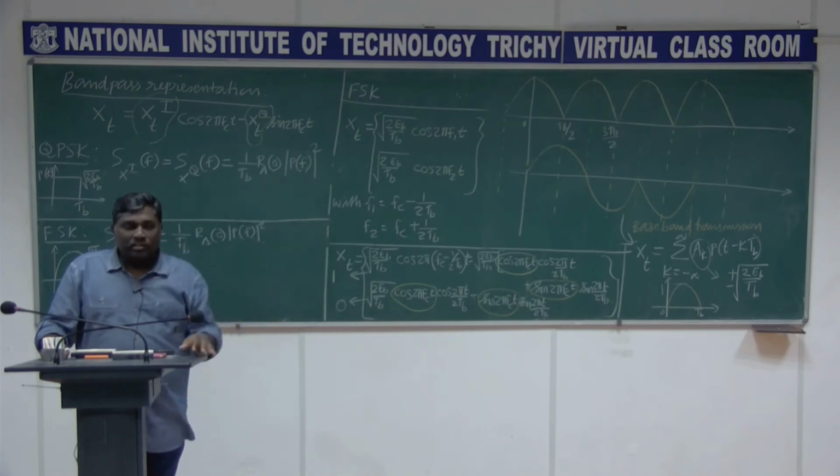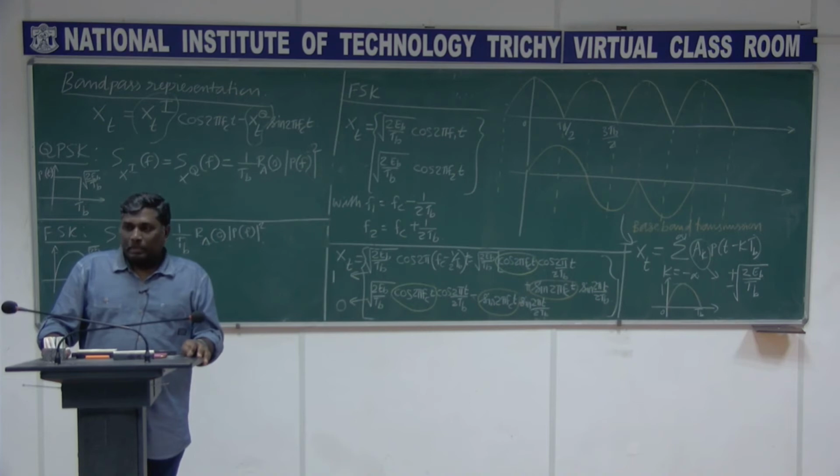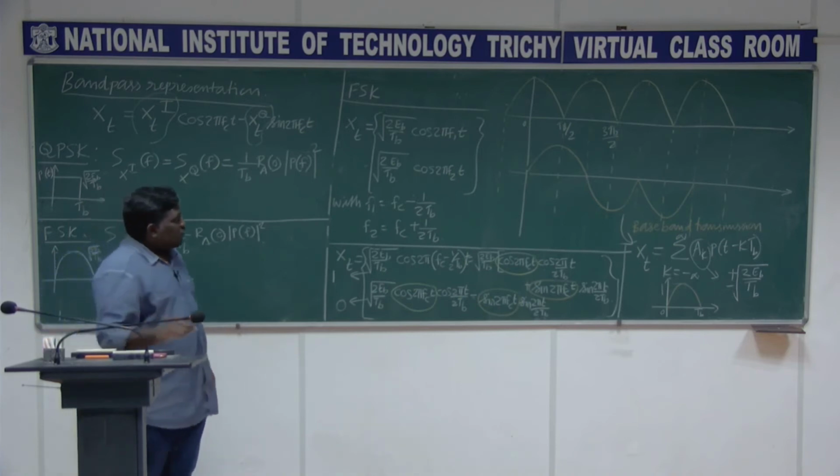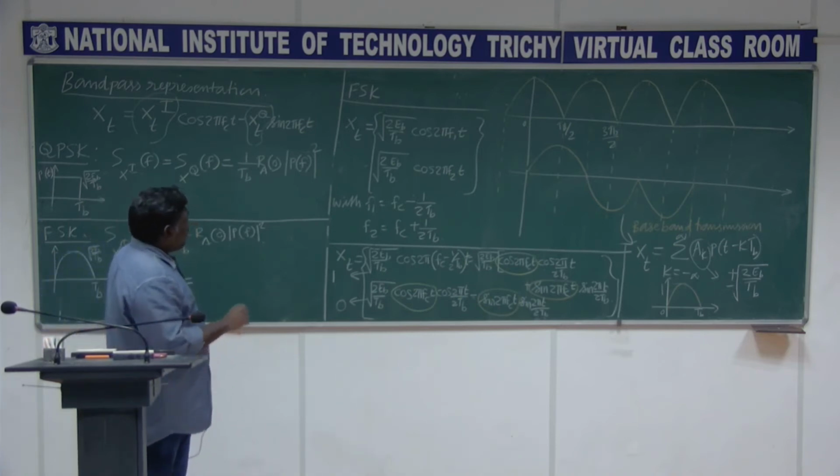So you get these discrete values. You understood this point, right? So that is what you are supposed to write for the in phase component. The Fourier transformation of this pulse, the magnitude square, will be taken to know about the spectral density.